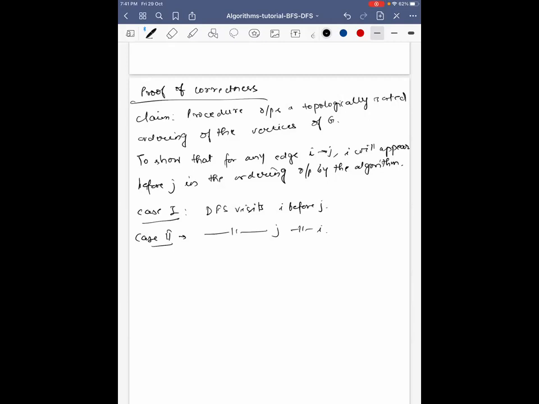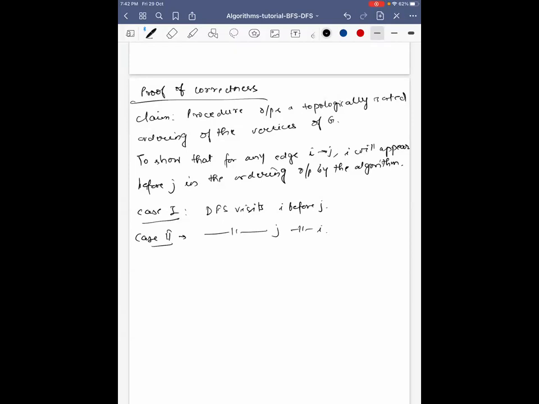So I will certainly not be discovered when I'm exploring from J. And since I'm exploring from J first and then from I, it is quite obvious that I will be prepended to the list containing J. So essentially I will occur before J.